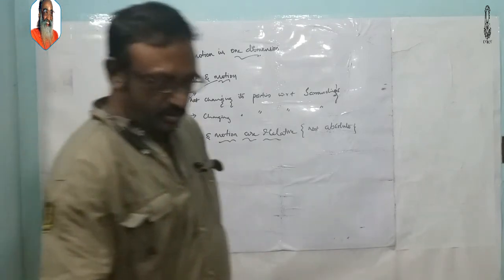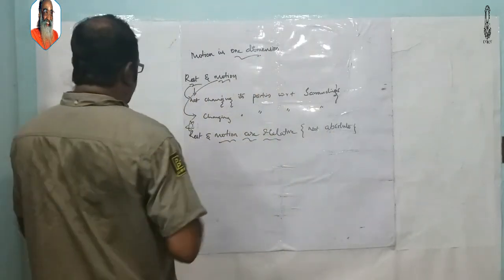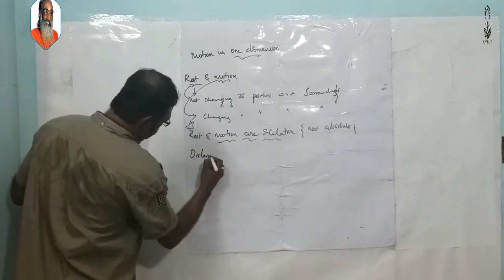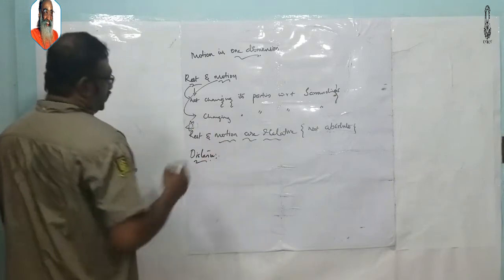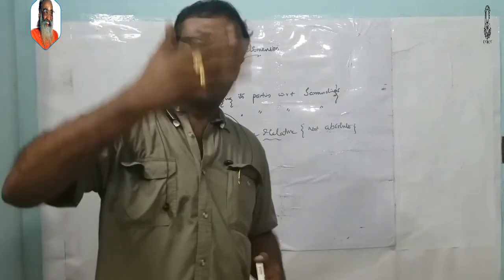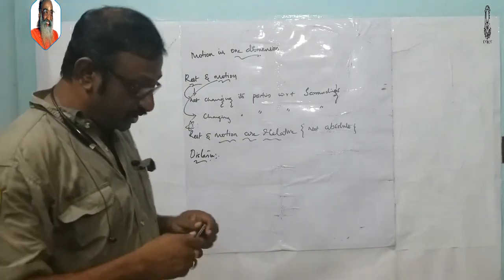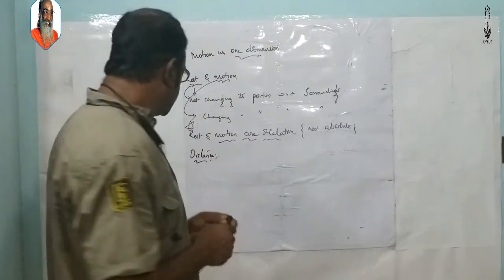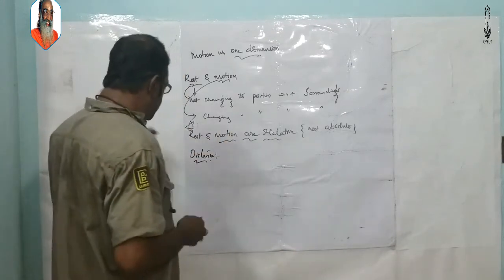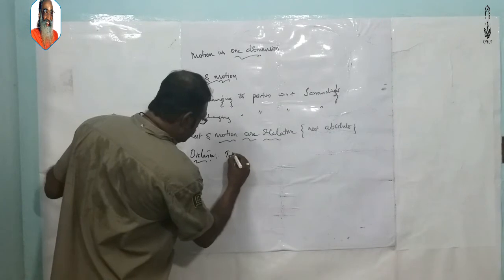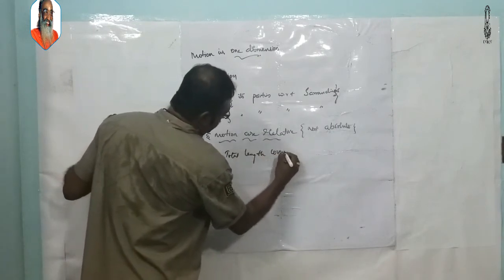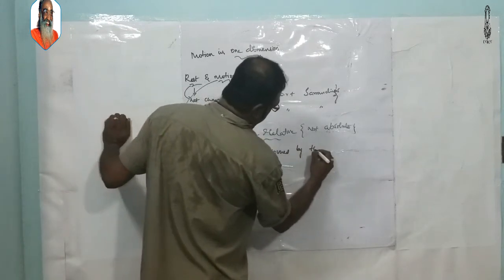Right. Now next is distance. You might have been hearing about this term right from your 6th class maths, from the beginning of your mathematics, isn't it? Anyway, here we have to define and understand this once again. It is the total length covered by the body.